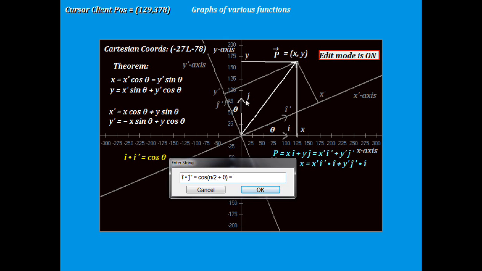Pi over 2 would be moving just pi over 2, a point here of x equals 1 would go here.